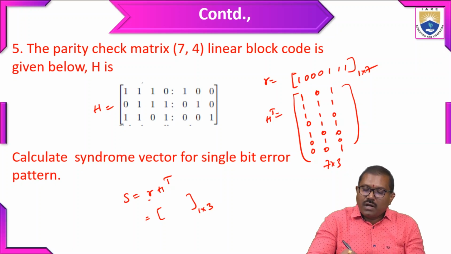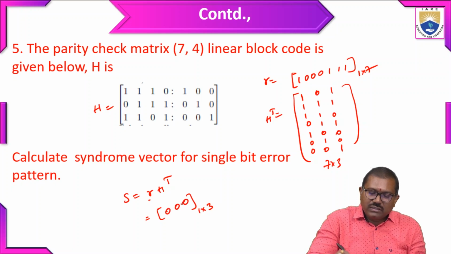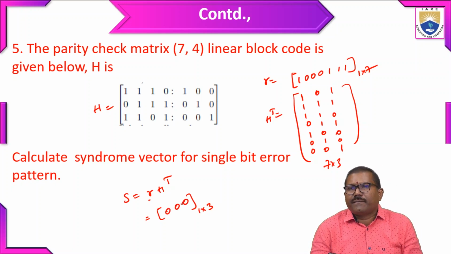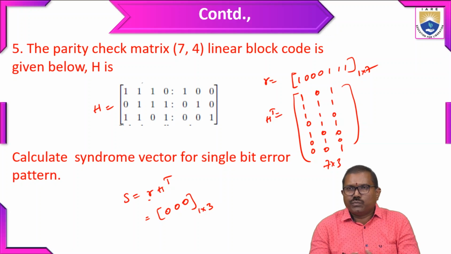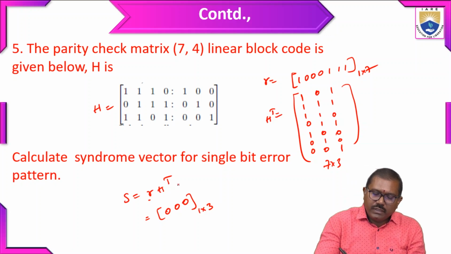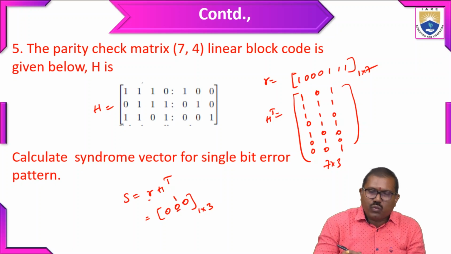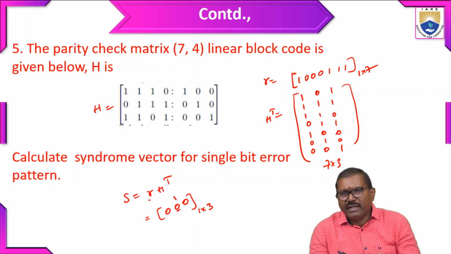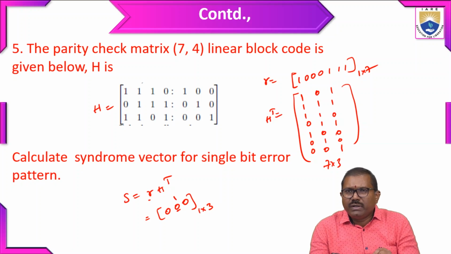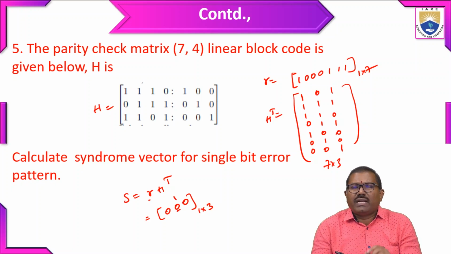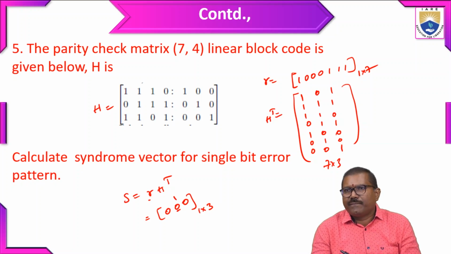For example, after multiplication, if I get 3 zeros, there is no error, which means the correct code word is received. For example, it may be that the middle bit is 1. What does this 1 indicate? The middle bit is in error. One error is there.